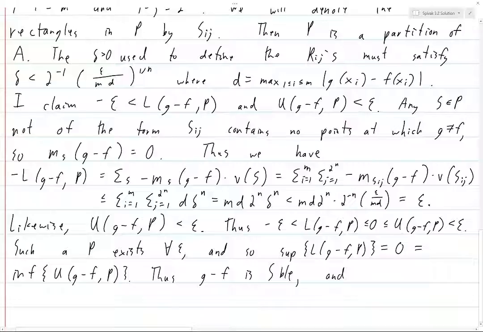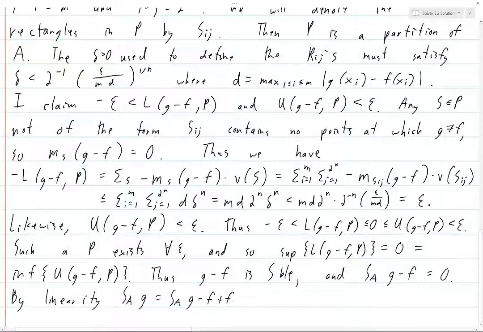So by linearity of the integral, which is something that we prove in 3-3b, so this is the part where I'm using the next exercise, we take the integral over A of G, well, G is equal to G minus F plus F. But now, because of linearity, we can break this up into the integral of G minus F plus the integral of F. And the integral of G minus F is 0, and so that drops out, and so we're just left with the integral of F. And so if you change a function at finitely many points, then the integral of the function does not change, and the function is still integrable.